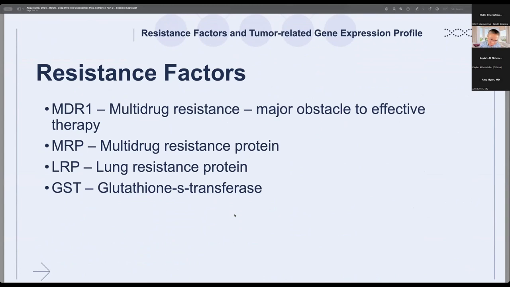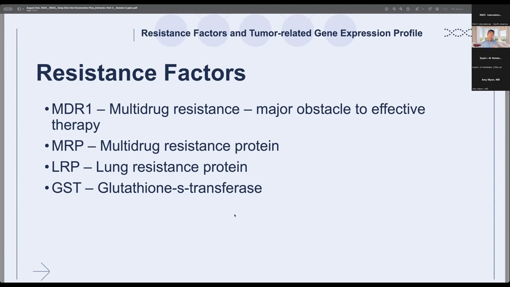Now, the resistance factors are kind of interesting because most of our practitioners might have a little trouble trying to utilize this information. Multi-drug resistance 1, MDR1, MRP, LRP, all these are really different parts of the same thing that the cancer is trying to do here, which is resist treatment.